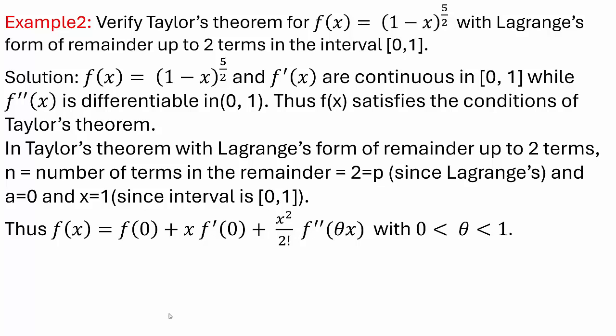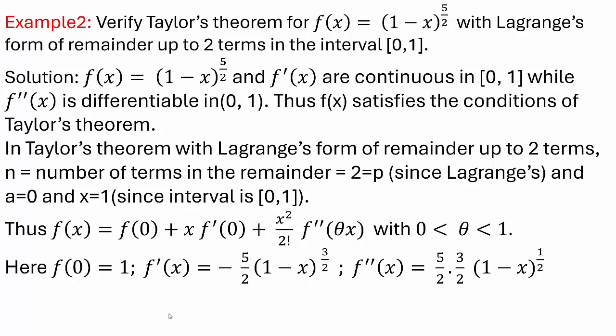Therefore, we need f' and f''. Here f(0) equal to (1 minus 0) raised to 5 by 2, that is 1. f'(x) is minus 5 by 2 into (1 minus x) raised to 3 by 2. f''(x) is 5 by 2 into 3 by 2 into (1 minus x) raised to 1 by 2.